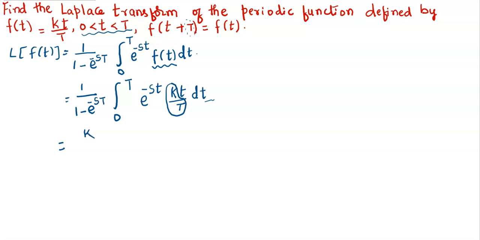So that is k divided by capital T into 1 over 1 minus e to the power of minus s into capital T, integral 0 to capital T. We have a function now, e to the power of minus s into small t, into small t. We are integrating with respect to small t.